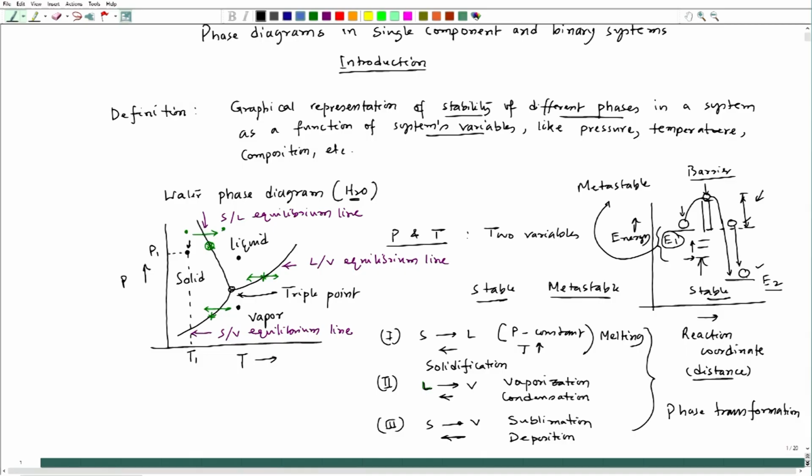That point is here, which is called the triple point, where solid, liquid as well as vapor all can coexist under stable conditions.